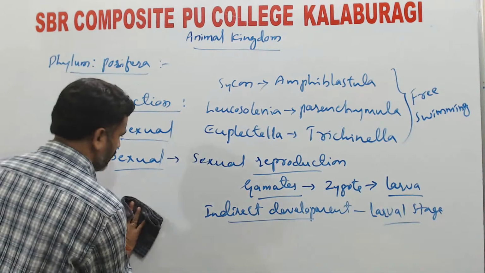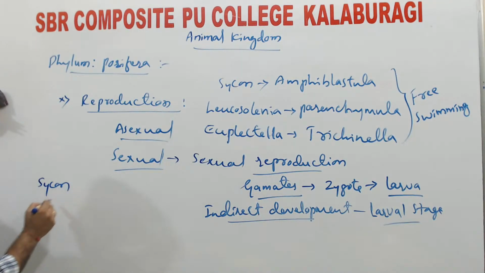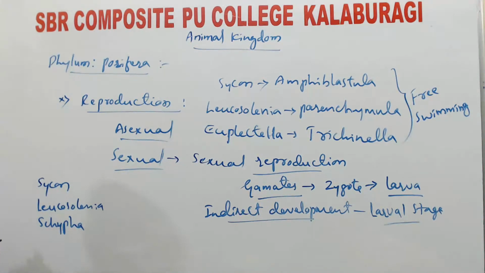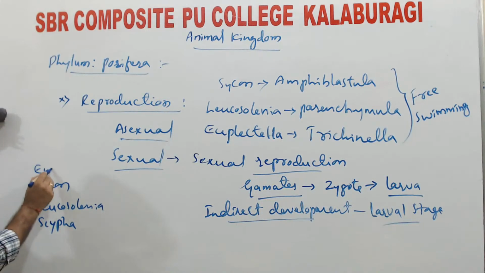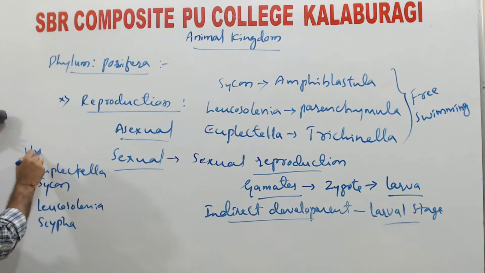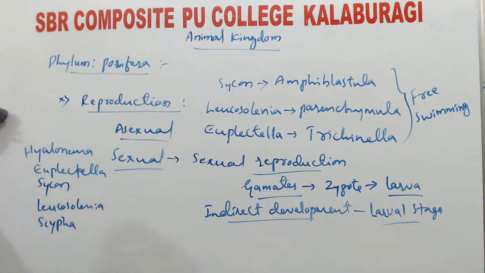Some examples of poriferans are Sycon, Leucosolenia, Scypha, Euplectella, Hyalonema.